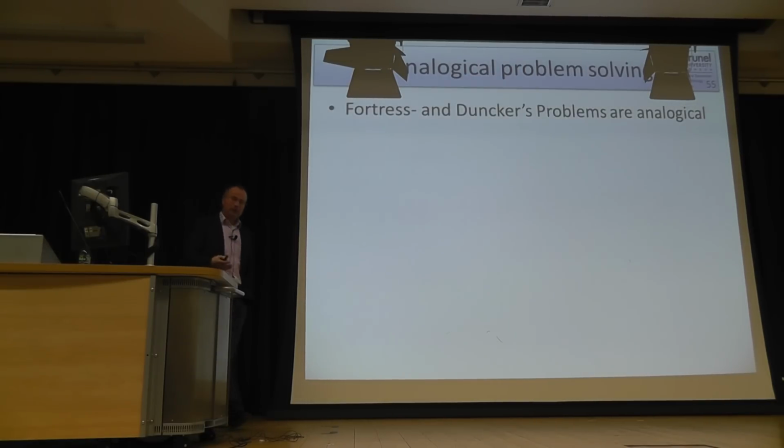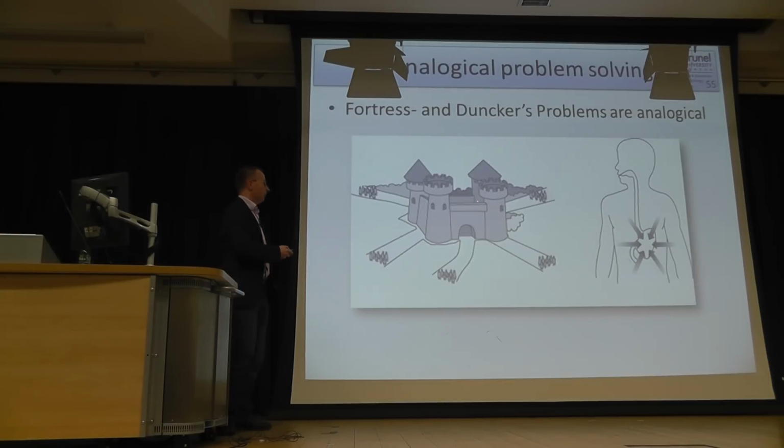And the point is that it has been tried in research to pose these two questions, the fortress and Duncker's problem, one after the other, because they are actually analogical. In the fortress problem, you spread the army to attack at the same time, and you do something like the same for the radiation.